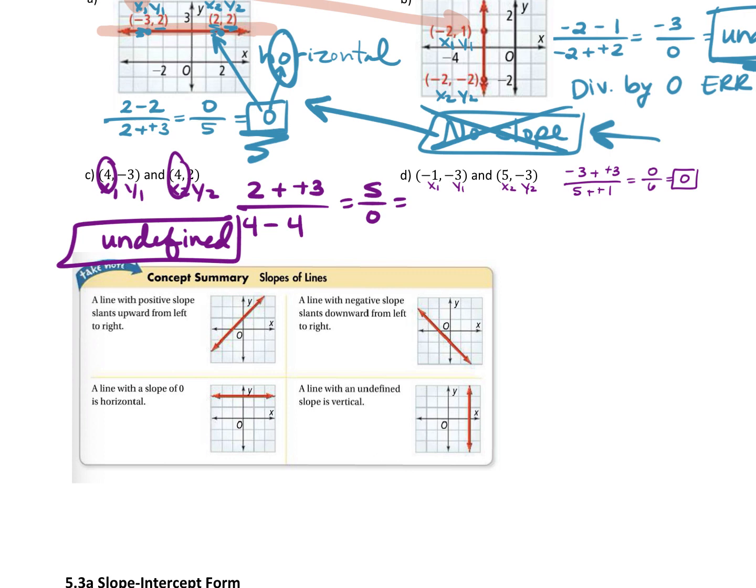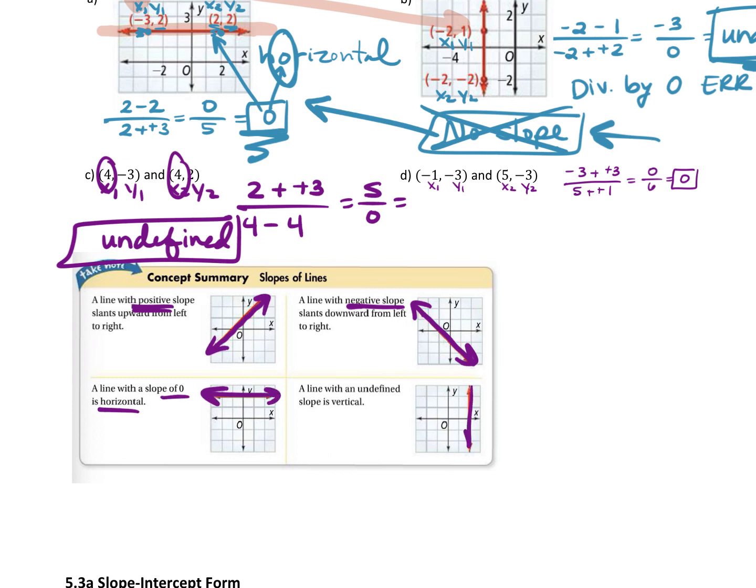Okay, so here's just a slope overview, the pieces of slope that come into play. If a line is on its way up from left to right, that is a positive slope, okay? If a line is on its way down from left to right, that is a negative slope. If it is horizontal, that is 0 slope.